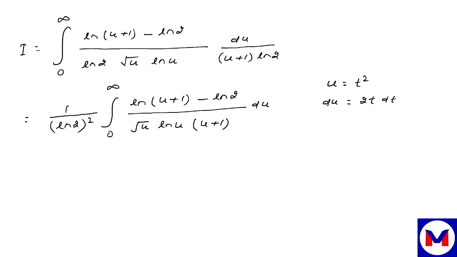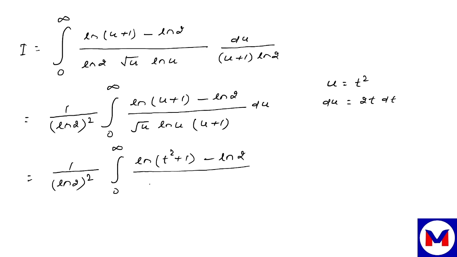By substituting this we can get the simpler form of square root of u as t, ln t square and 1 plus t square.